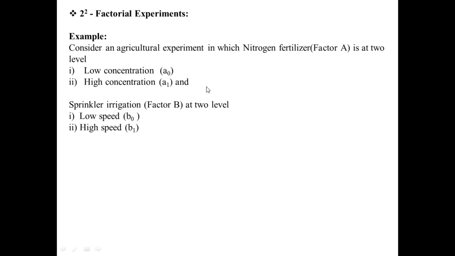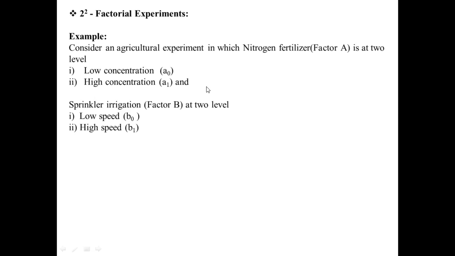So this type of design is 2 square factorial design. Here we have 2 factors. Factor A is nitrogen fertilizer and factor B is sprinkler irrigation. Now we want to check different effects. Suppose we consider first level of factor A, that is, nitrogen fertilizer at low concentration, and low speed of sprinkler irrigation.